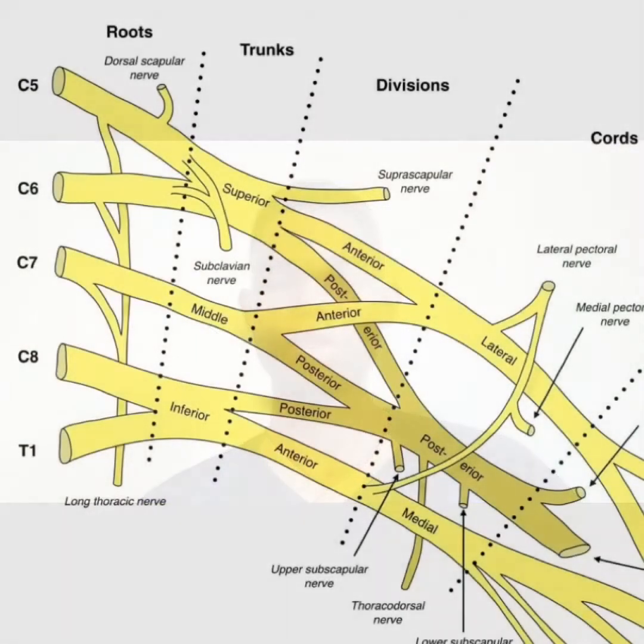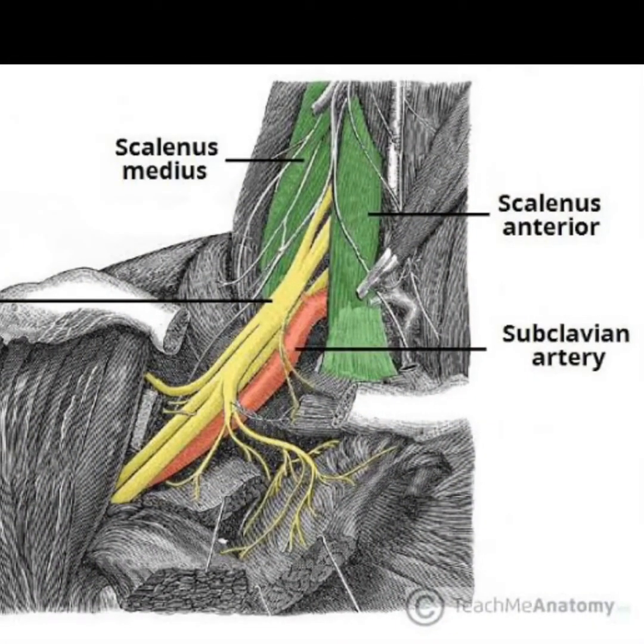After the formation of the root and the trunk, the brachial plexus passes between the anterior scalene muscle and the medial scalene muscle to get to the posterior triangle.